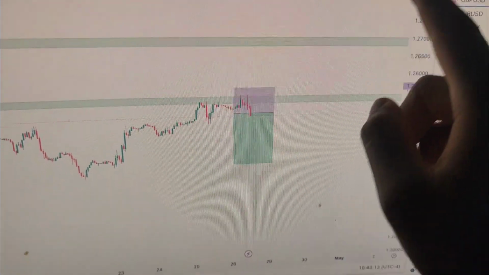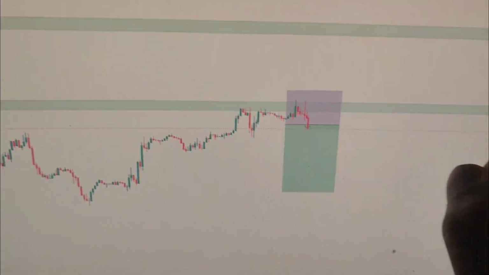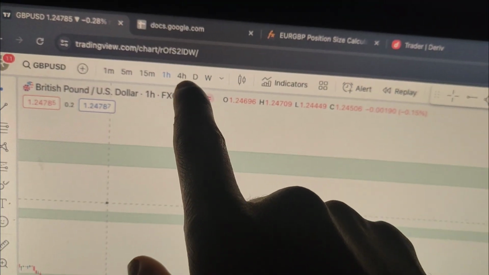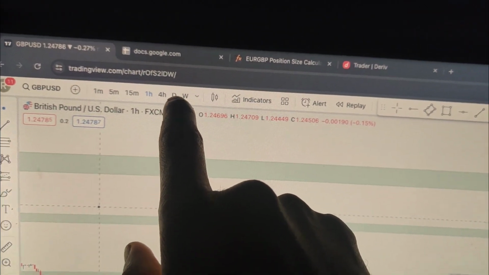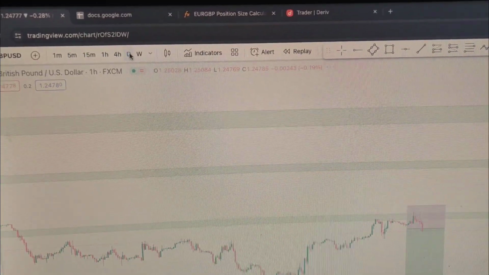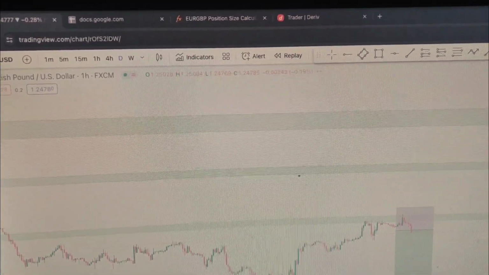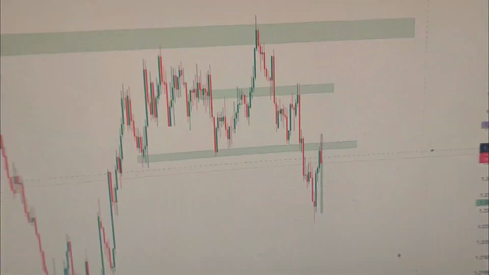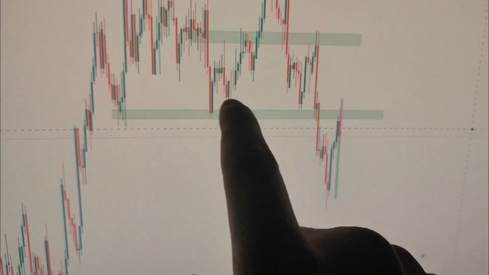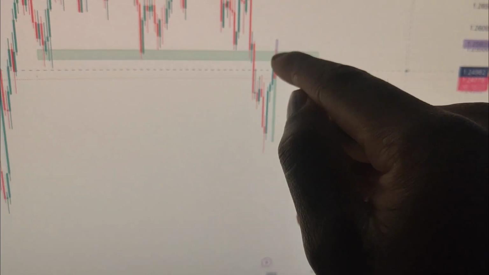So you might ask, why did we enter this first trade? The reason I entered the first trade is, let's go to the daily time frame. If you go to the daily time frame, you see that there's a rejection here, and another rejection.